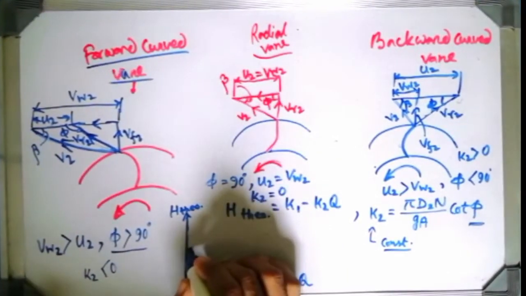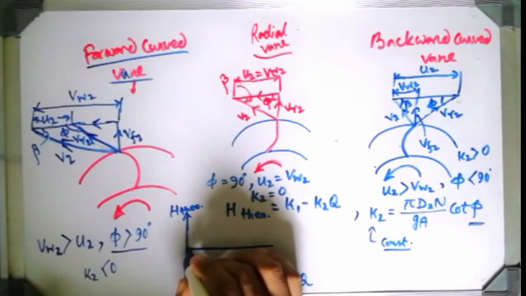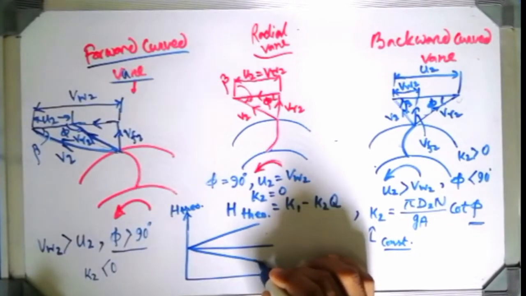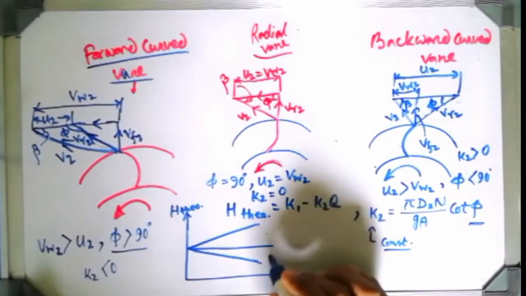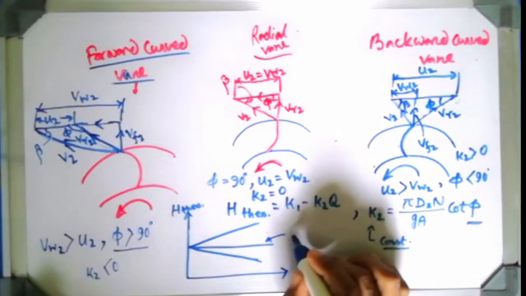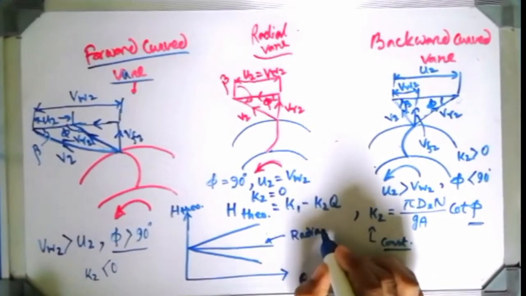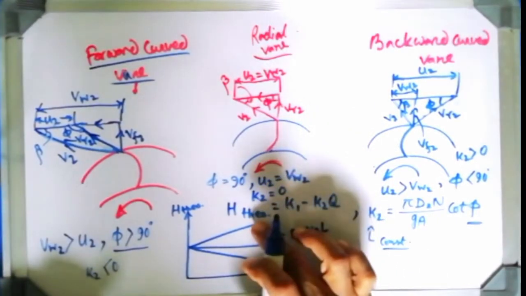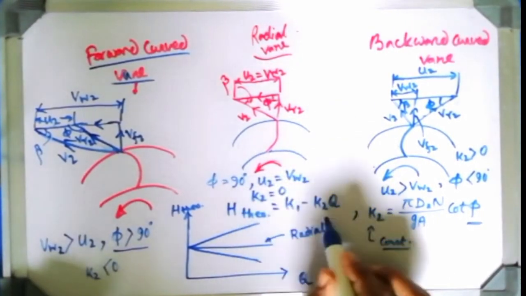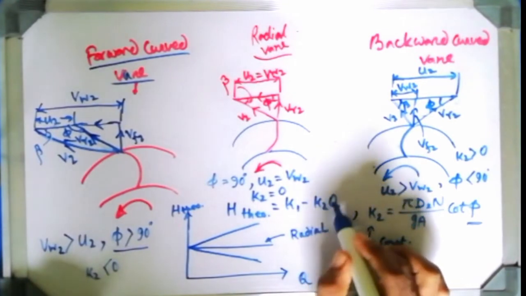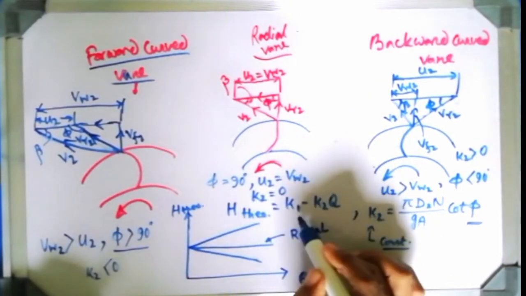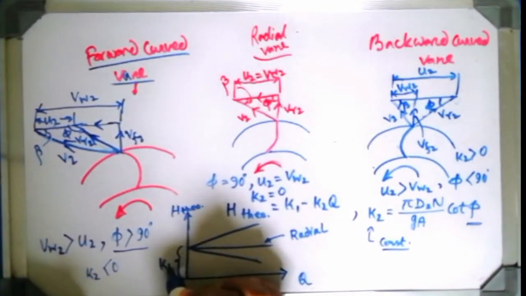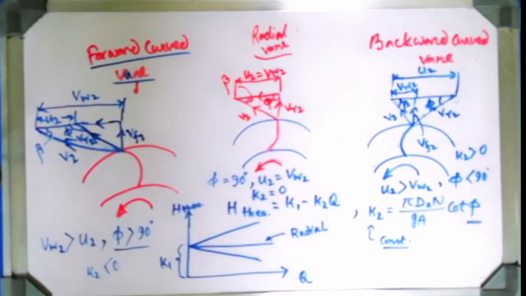See, this plot will look like this. This curve is representing the radial one. Why, beta? Because if K2 is 0, then in the theoretical head curve equation I have already written, this part will be 0. So H theoretical equals K1.